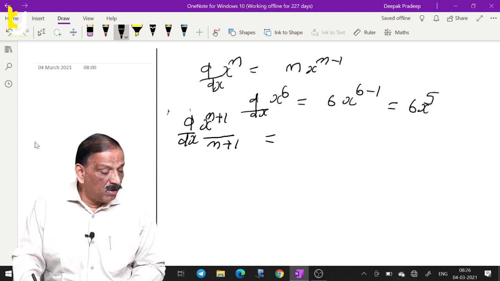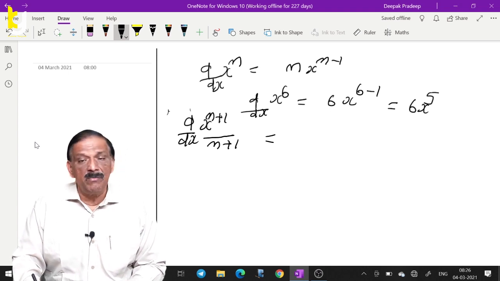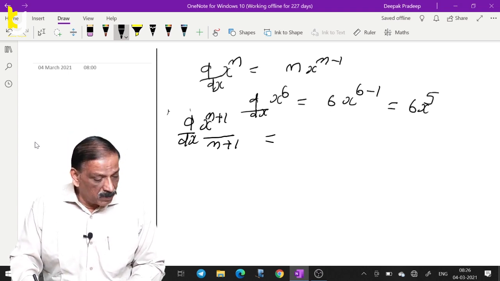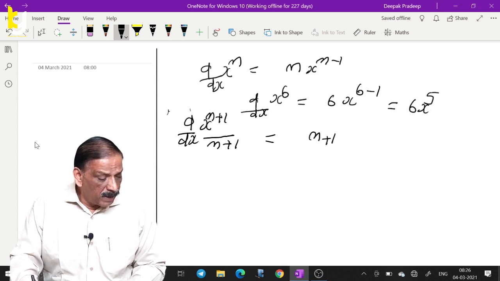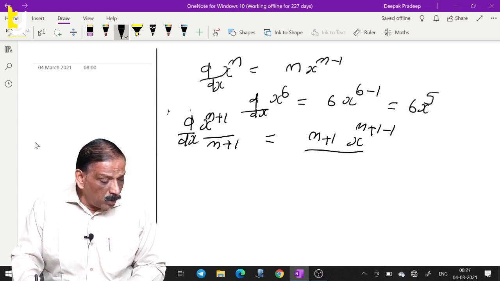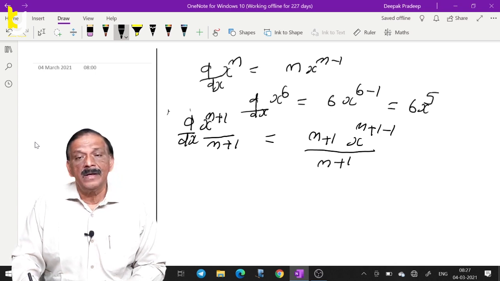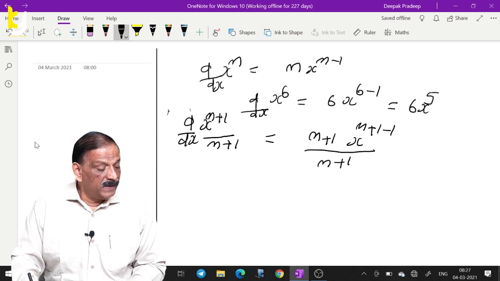So d by dx of x raised to n plus 1 divided by n plus 1 is equal to n plus 1 into x raised to n plus 1 minus 1 whole divided by n plus 1.